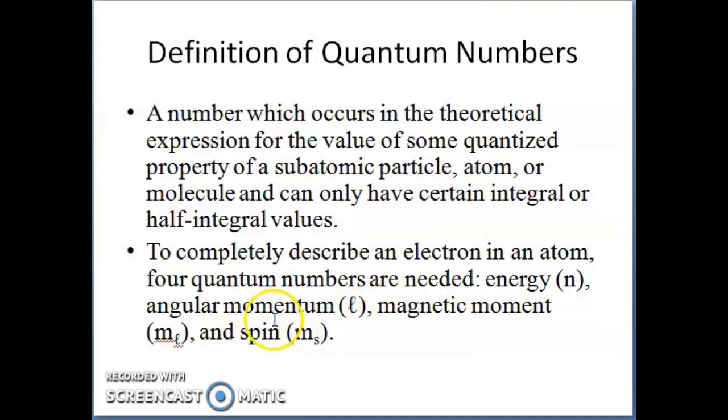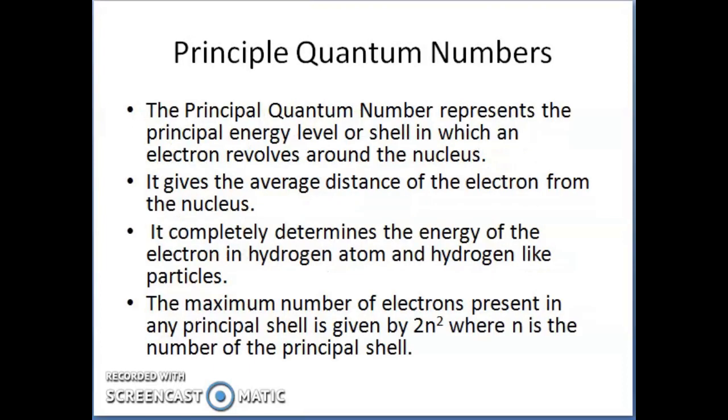But individually, when we try to learn about the different quantum numbers, first we have the principal quantum number. The principal quantum number is a number which helps us to express the energy level, or in simple terms, the shell in which the electrons revolve around the nucleus.